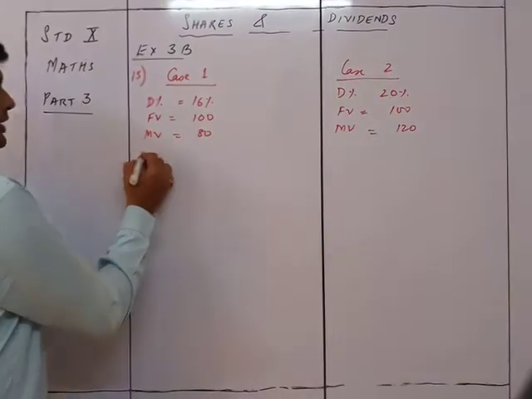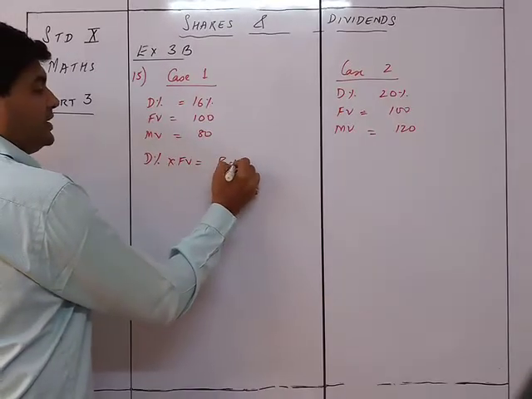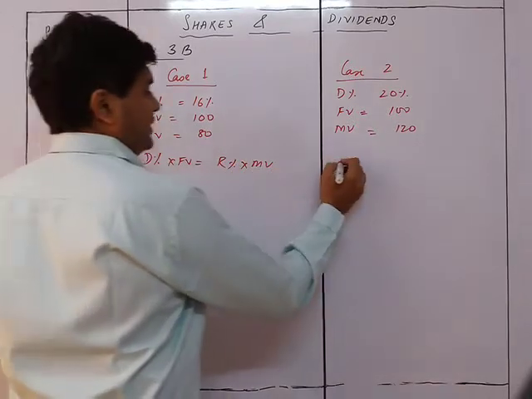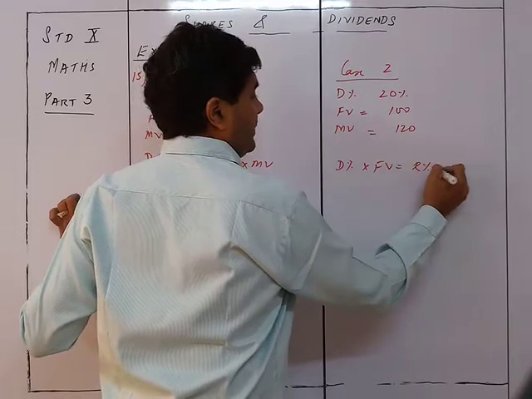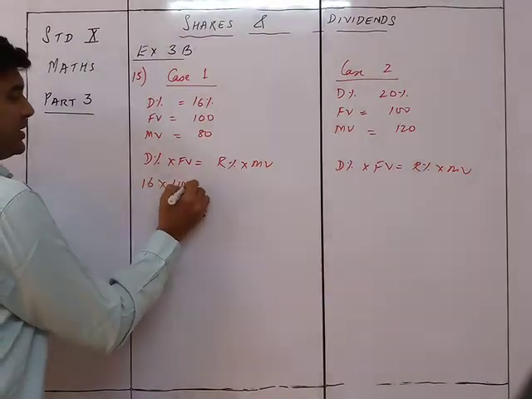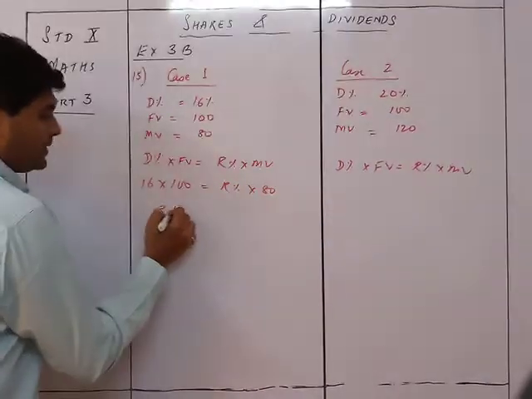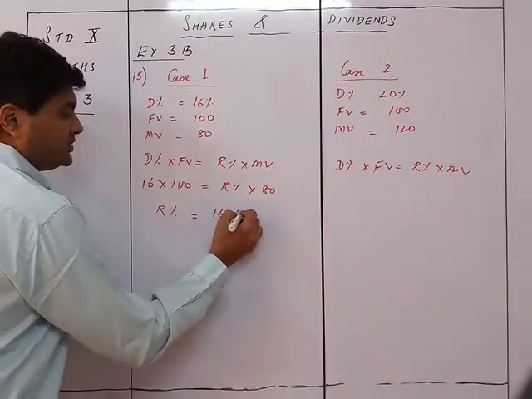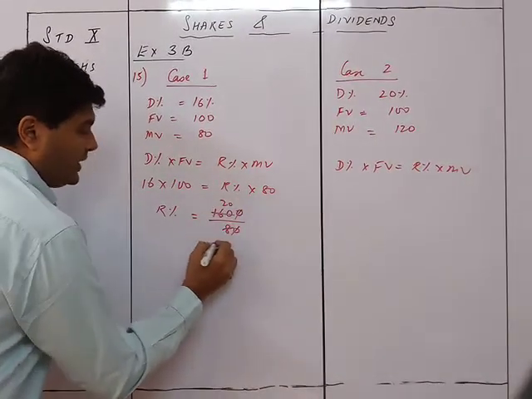What is the return over here? D percent into FV is equal to R percent into MV. The same way here, D percent into FV is equal to R percent into MV. Accordingly, this is 16 into 100 is equal to R percent into 80. So R percent is equal to 1600 upon 80. That will give me 20%.